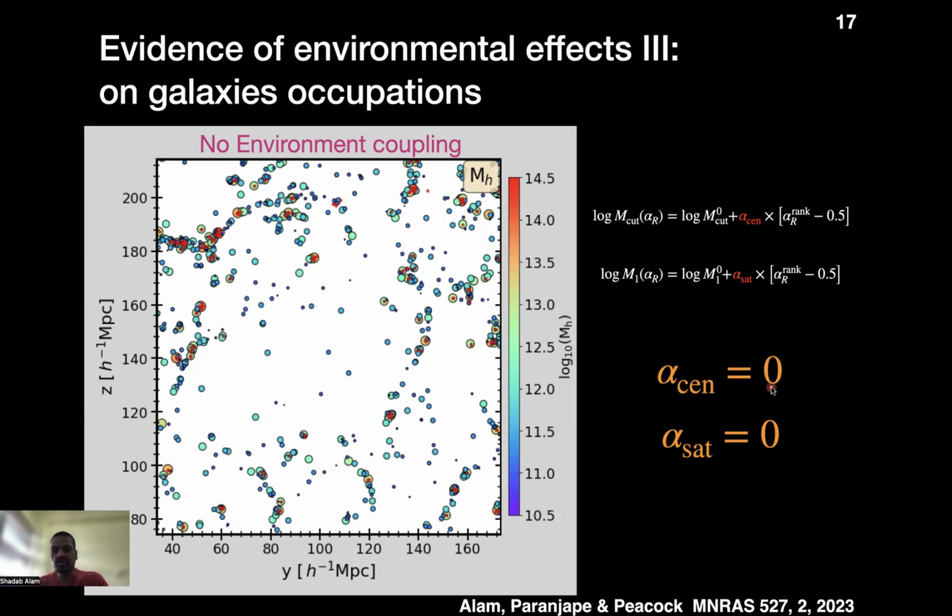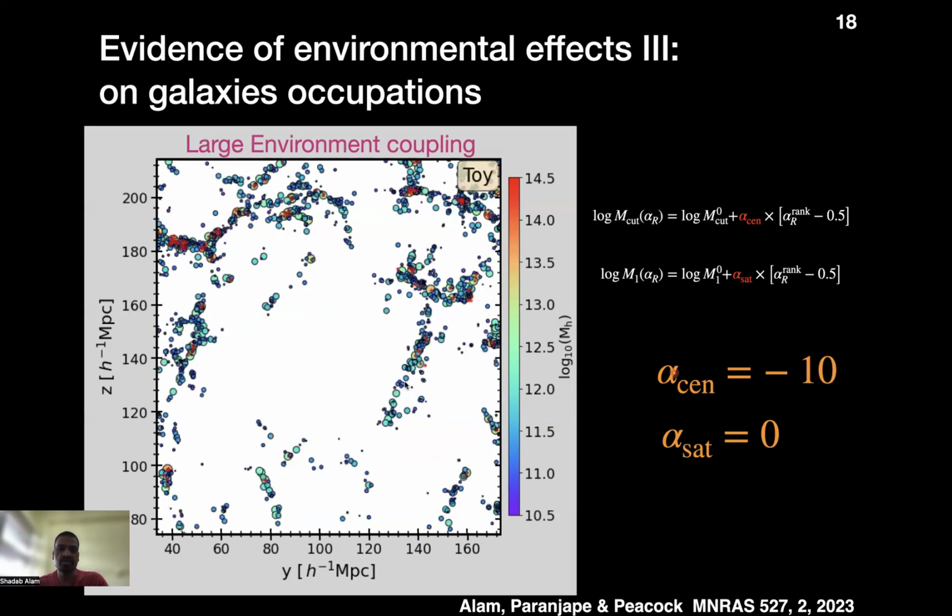Now, just for context, let me show you an example where I set these parameters to a large value. How will this picture look? This is a toy example where I've set alpha central equal to -10. It's the same direction of slope we saw, but it's a much stronger slope, a much stronger tidal anisotropic dependence.